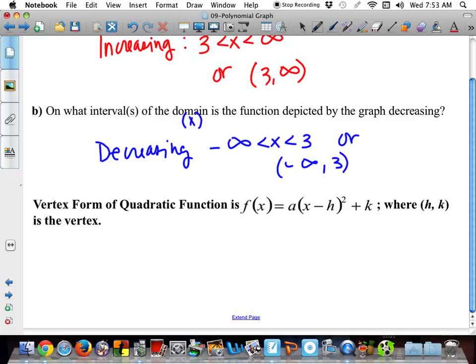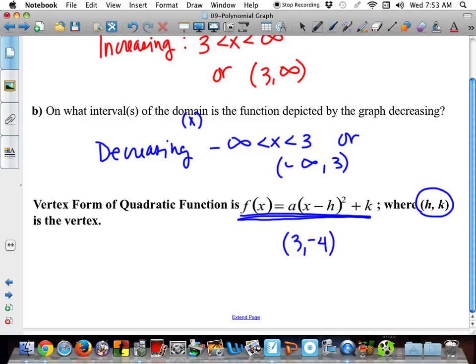The last thing that I want to talk about is, in our last notes we were talking about quadratic transformations, and I mentioned how right here, this is vertex form. The reason that it's called the vertex form is that you could pull the vertex straight from this equation. Here it is, your h, k. So the vertex is (3, -4).